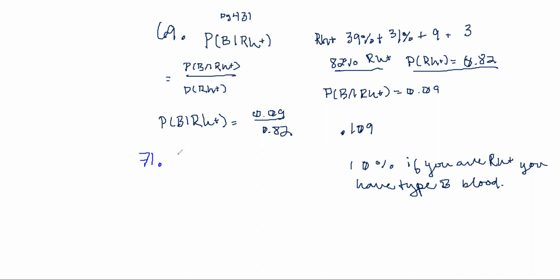Okay, so basically we're going to do the same process for this problem, which is a blood type that is Rh negative, given that the person is Rh positive. Sorry, I was reading 72.